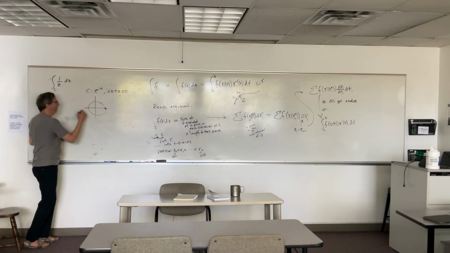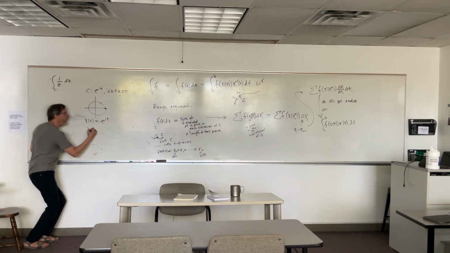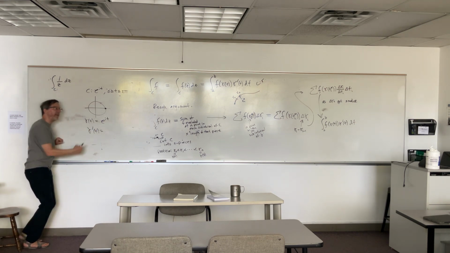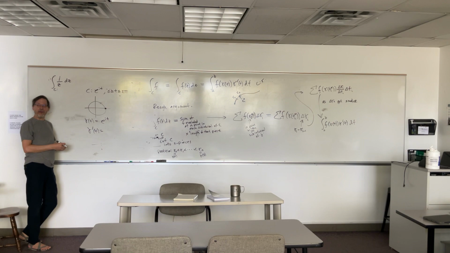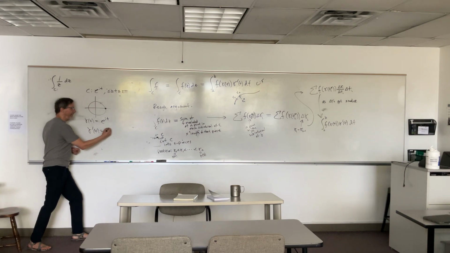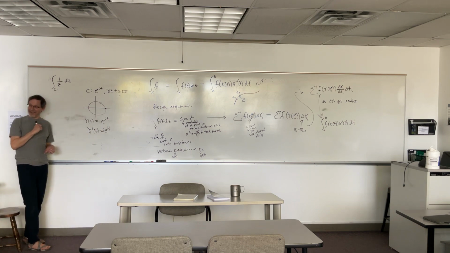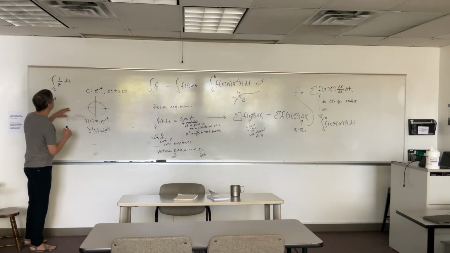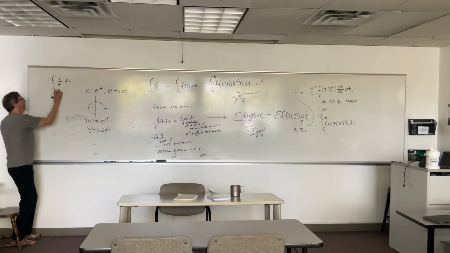So gamma of t is the curve definition, and that's e to the it. What's gamma prime of t? What's the derivative of that? It's i e to the it. Like that. So e to the it times the derivative of the exponent, which is just i. Cool. So let's go to our definition.